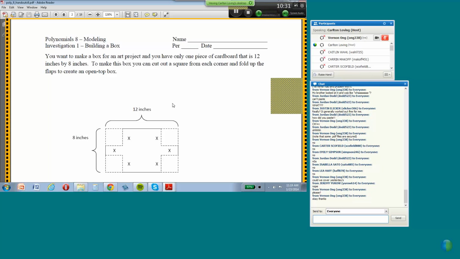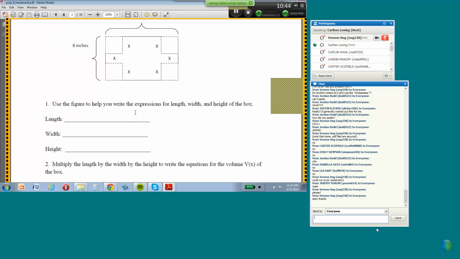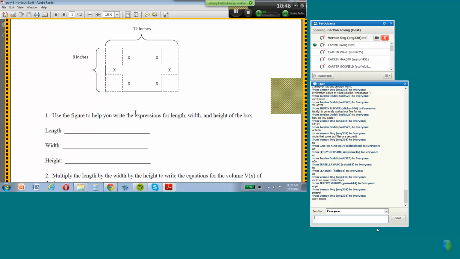Okay, so taking a look at this box, they say we're going to take this situation where we have this cardboard and we can cut squares out and we can make a box, and we're going to turn it into a graph, because this box is presenting us with a volume problem, and you find volume by multiplying 3 things, and when we have 3 things being multiplied and we got variables involved, then we are going to end up with a cubic.